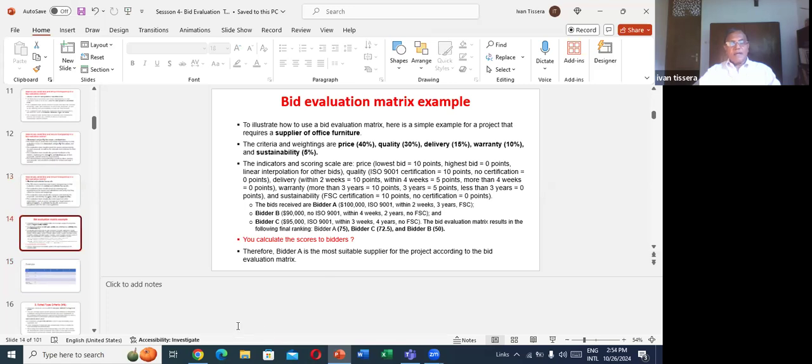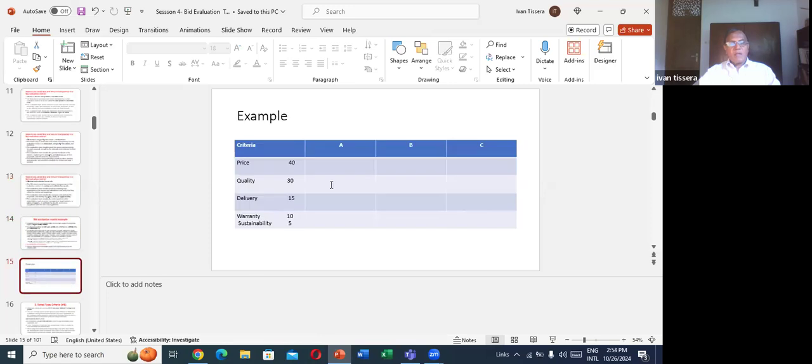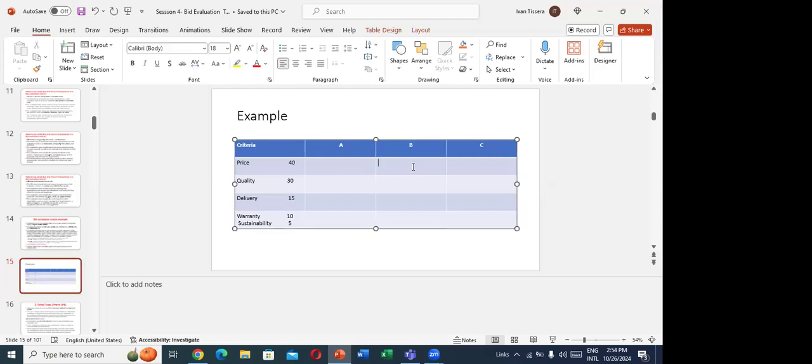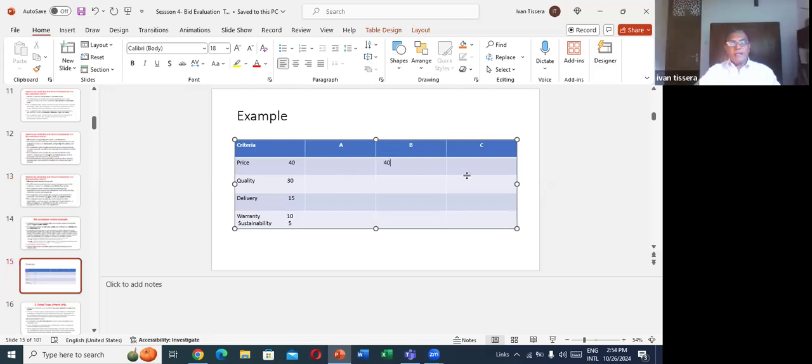Then what marks do A and C get? B gets 40, no? Price, B 40. A, C, how much?